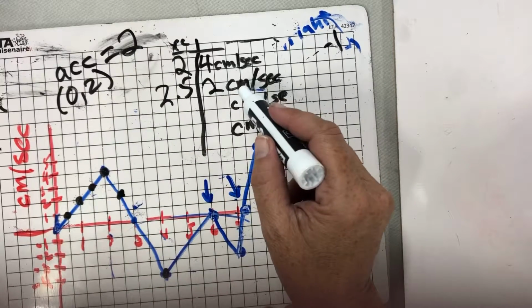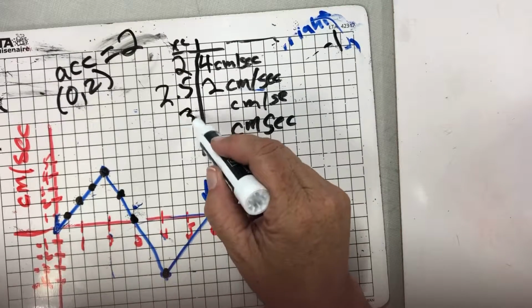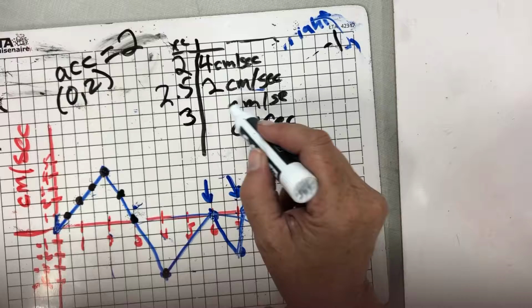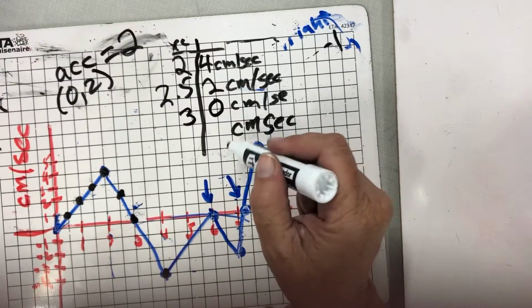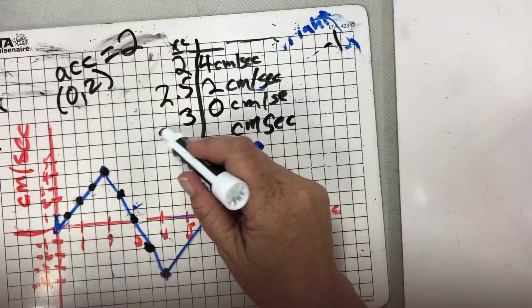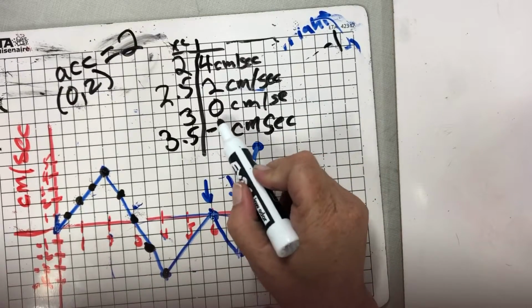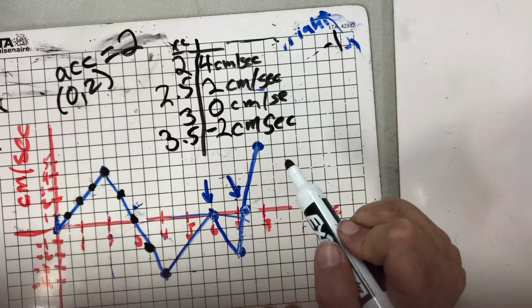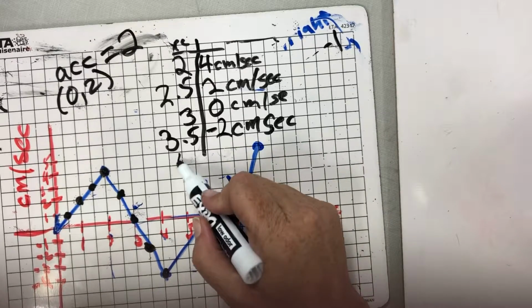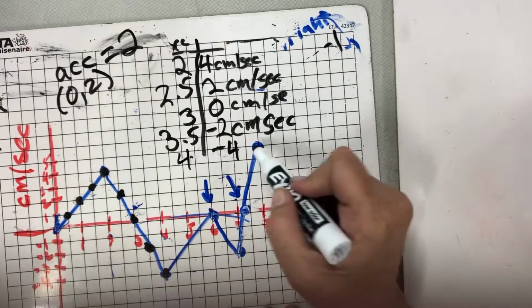It's just not moving as fast. Then at 3 seconds, the particle has a velocity of 0. At 3.5 seconds, if I just read the graph, it has a velocity of negative 2 centimeters per second. And then at 4 seconds, the velocity is negative 4 centimeters per second.